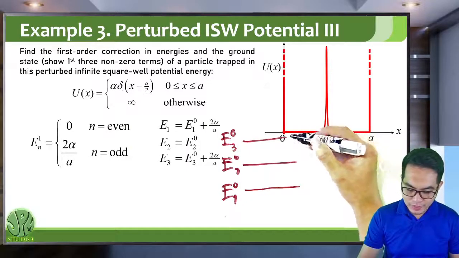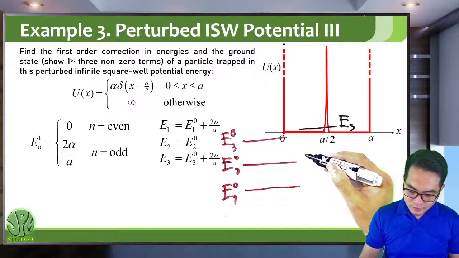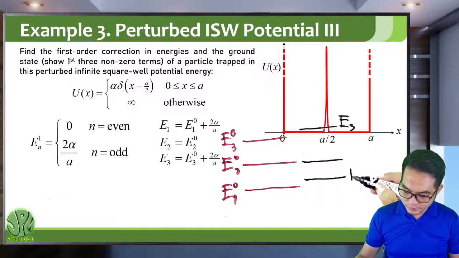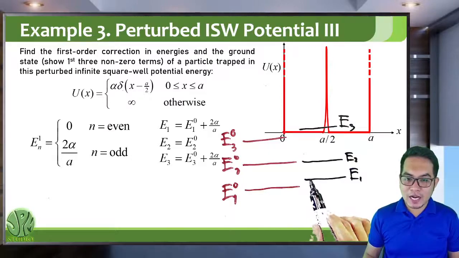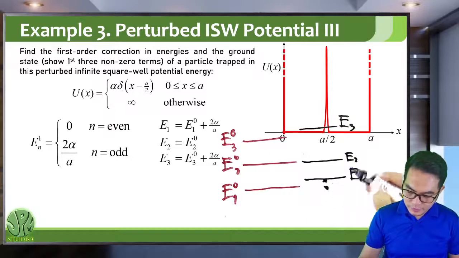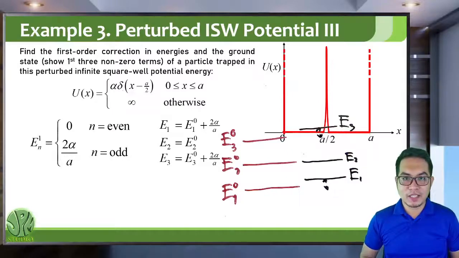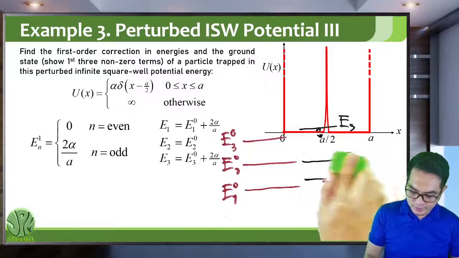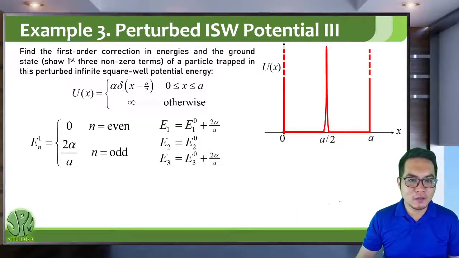So E3 will now be this one, E2 will still be the same, and E1 will also be lifted. That one. So only the odd energy levels are lifted by an amount of 2 alpha over a. So that is the significance.